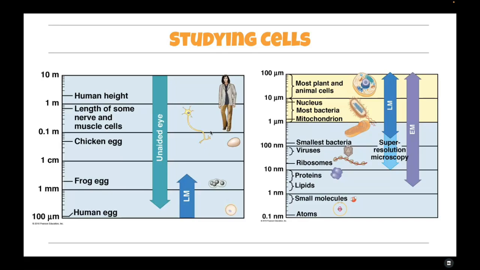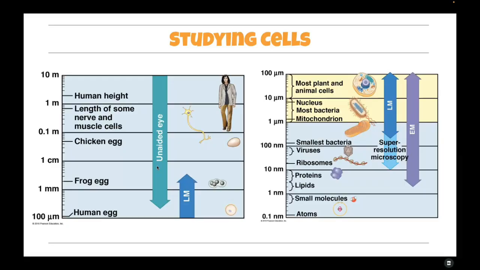And so here you can see the range of different tools that you can use. Your naked eye stops around, I want to say, 100 micrometers. Light microscopes, like the ones we use in class, have lights. They could get us down to seeing bacteria and even some organelles.